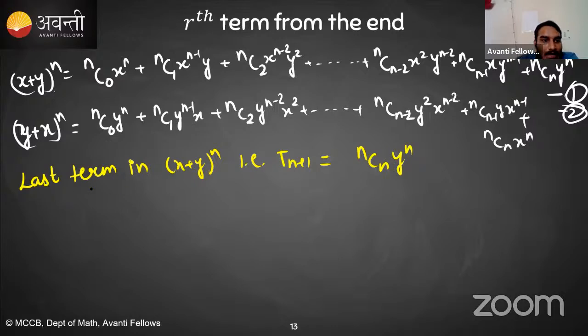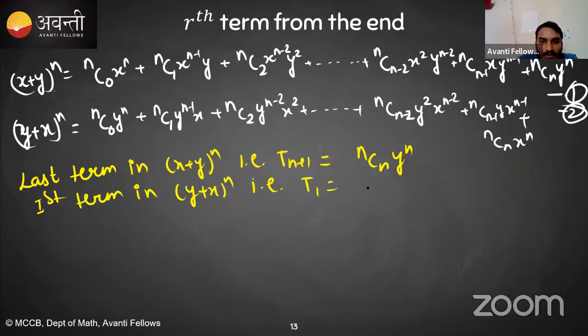Clear? And if I ask you what is the first term in (y + x)^n, that is T1, which is again nC0 y^n. It can be written as nCn y^n.